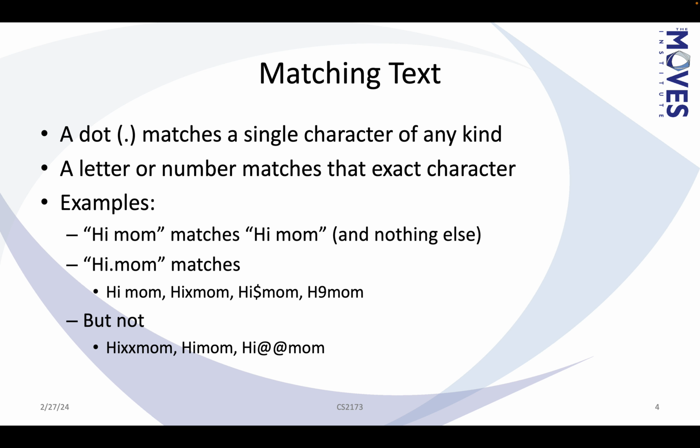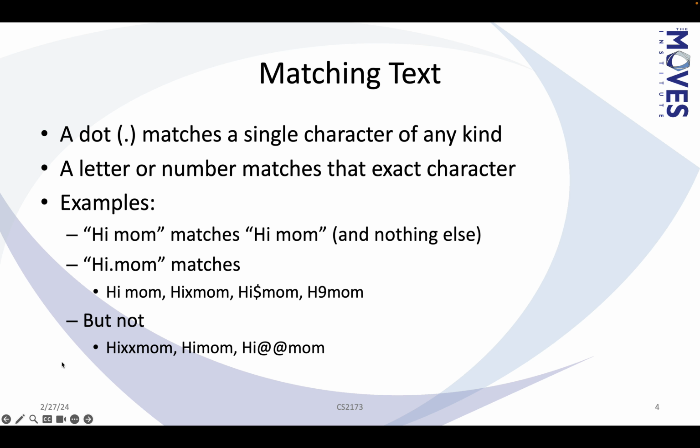We've seen the star, or asterisk, meta character says match zero or more of these things. But a dot matches one character of any kind, whereas a letter or a number matches the exact character that it is.